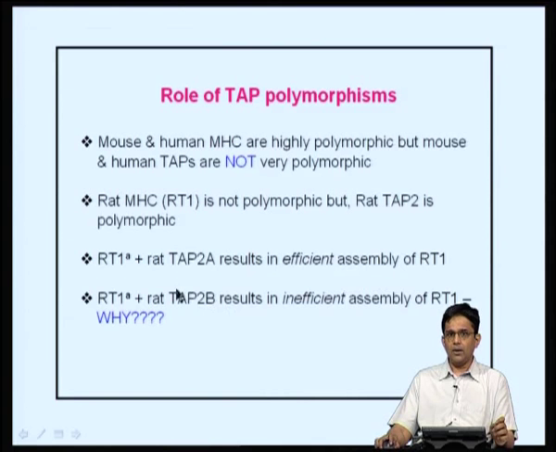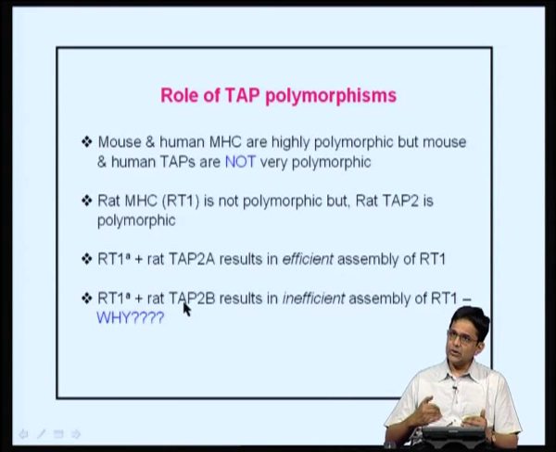Now, if RT1A is put in cells that contain rat TAP2B, which is a different form of TAP2, it results in inefficient assembly of RT1. Why do you think this would be? Can you just think a little bit about it? It is possible that this particular rat TAP2 translocates peptides that are not optimal for binding RT1A.